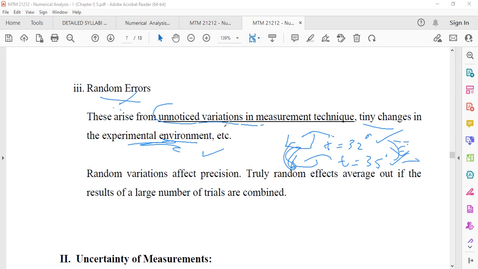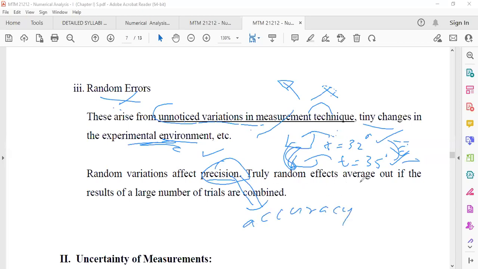Unnoticed variation in measurement techniques. Different techniques can also cause some errors. That's what it says. Random variation affects precision, and it may affect the accuracy.